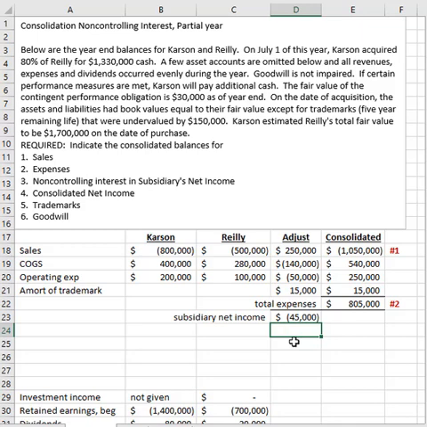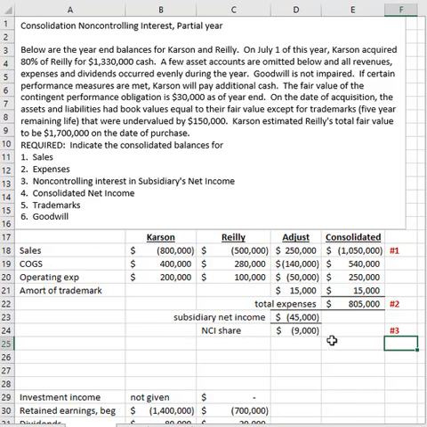So the subsidiary's net income after all these adjustments that belongs in the consolidated activity is $45,000. So the NCI share is 20% of that, or $9,000. So that's number 3.